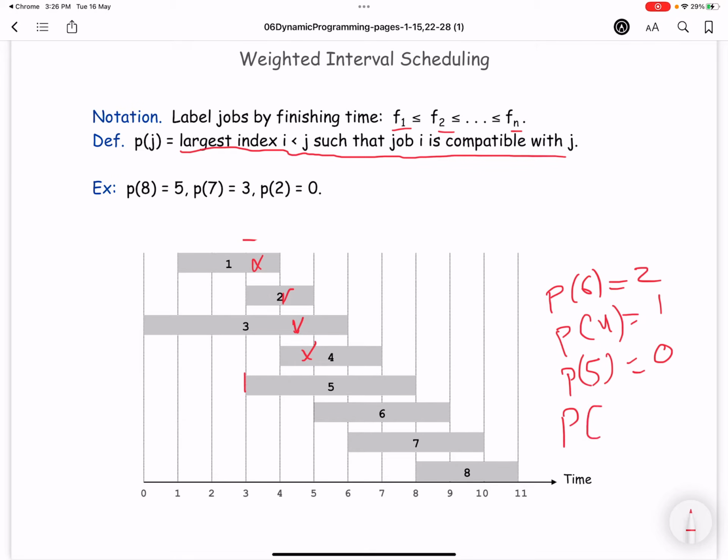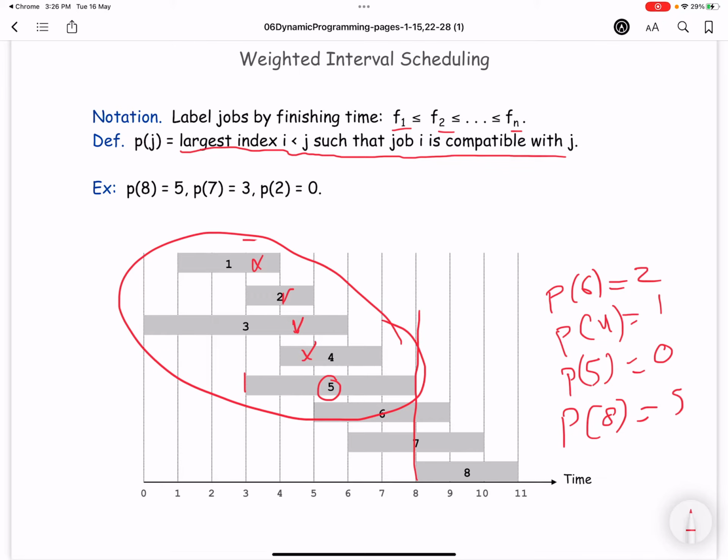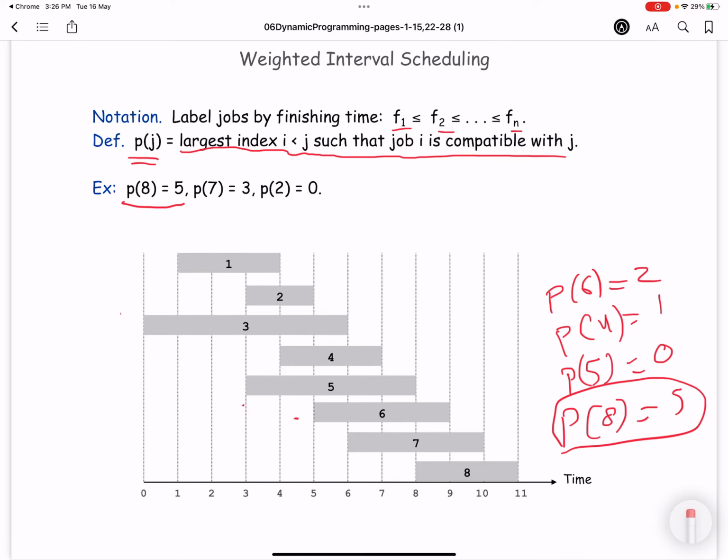And if I want to know what's B8, these jobs finish before 8 and the largest index is 5. So this is the definition of Bj. As we said, B8 is 5, as we saw. B7, we look to the jobs that finish before 7.